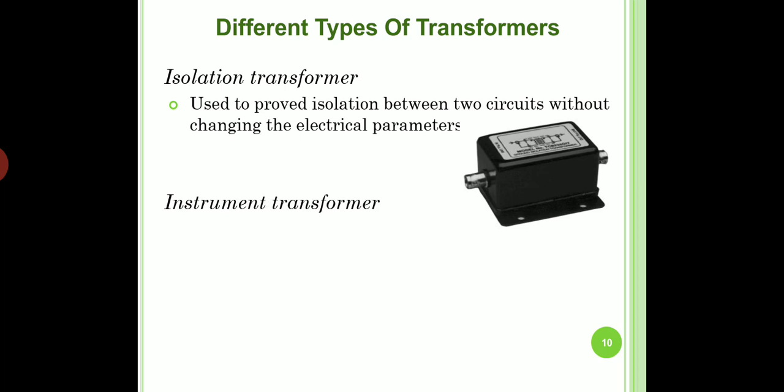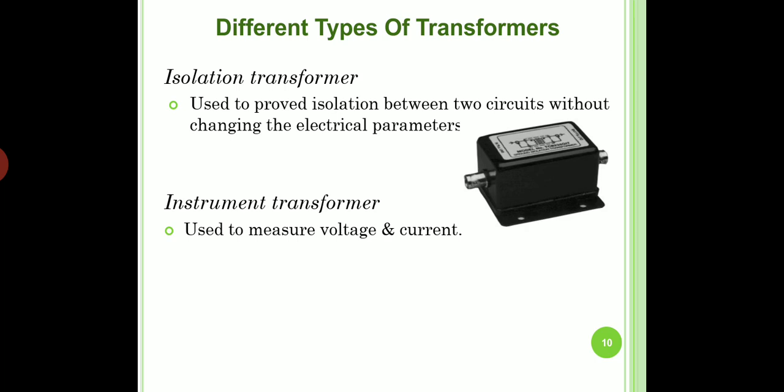We also use the transformer as instrument transformers. They are used to measure the voltage and the current. In instrumentation, the transformer is used. Suppose there are high voltages and high currents flowing in the circuit, we cannot handle them directly.